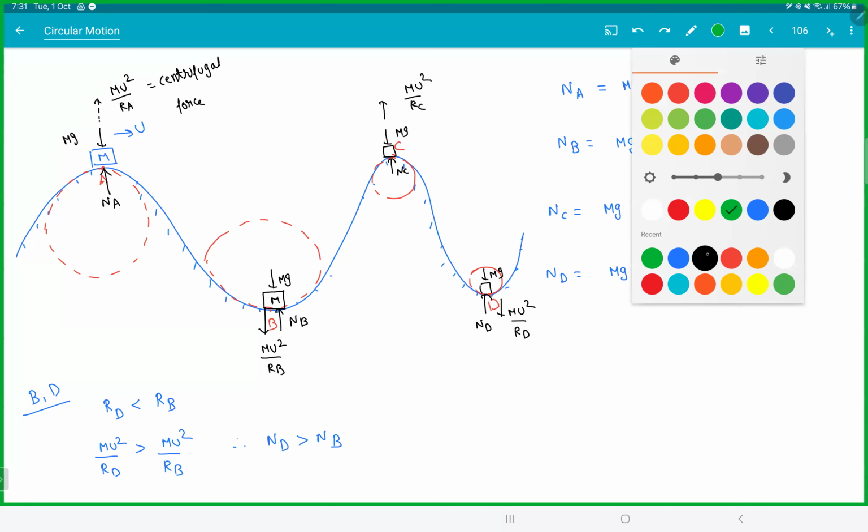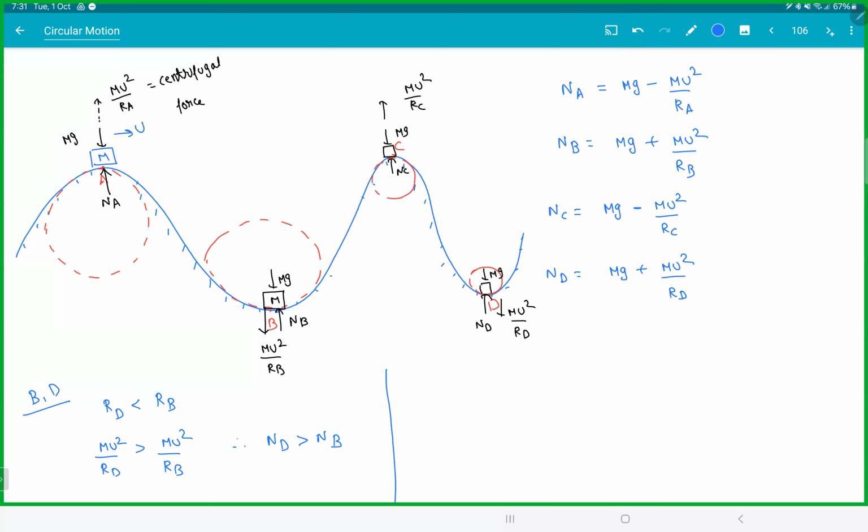Now between a and c, both are smaller, but who is more smaller? Now be careful here, there's a minus sign here. That means whoever subtracts the most will be the smallest. So here RC is greater than RA. So again, same story, mu square by RC is greater than mu square by RA, but there is a negative sign.